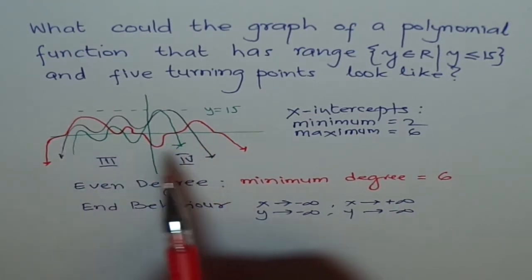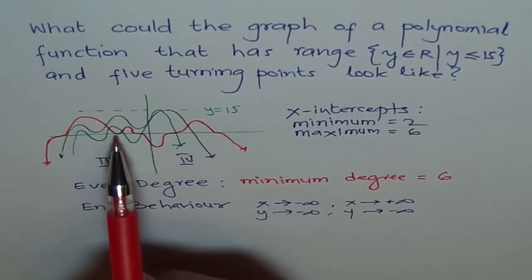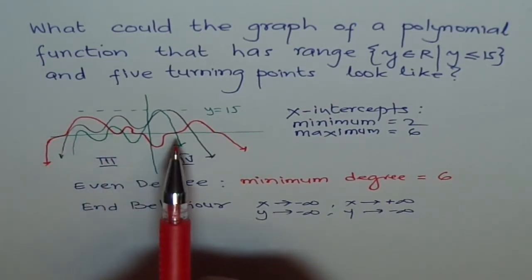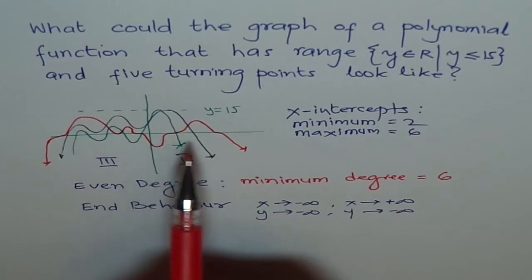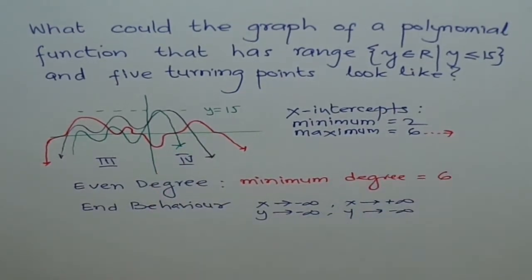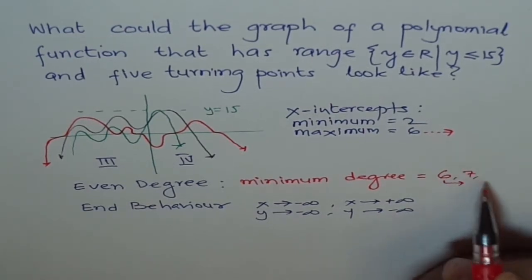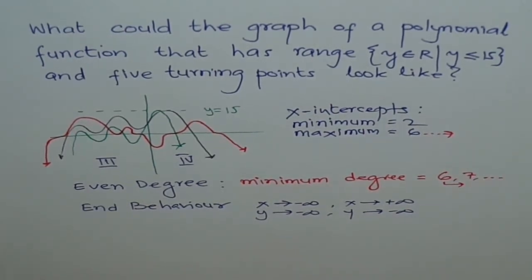So, at least it seems to be of degree 3, 4 and 5, 5 and 3, 8, 8 and 3, 11, 11 and 3, 15. So it could be any number. You understand? It could be 6, 7, and so on. That's why it is safe to say that the minimum degree is going to be 6.